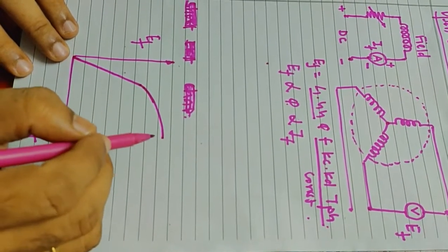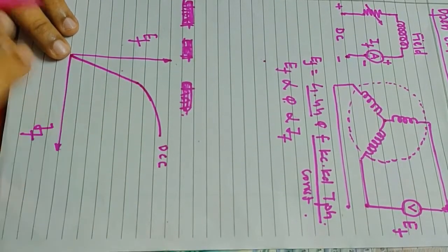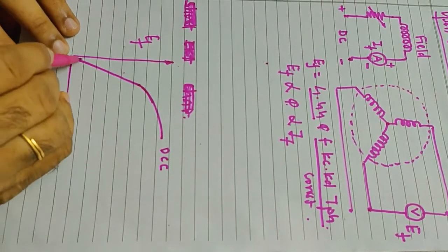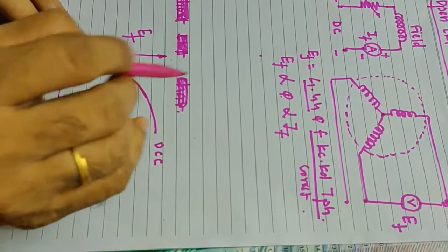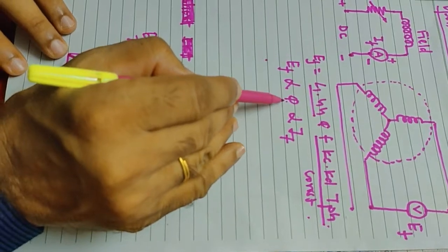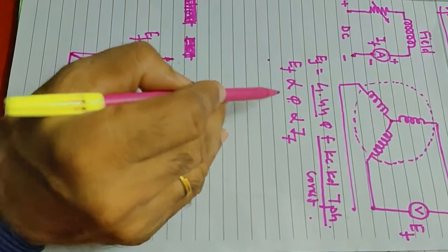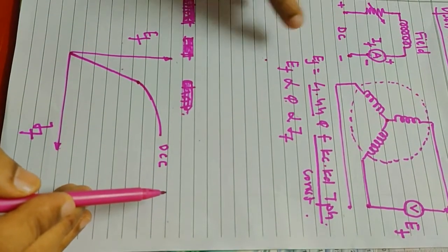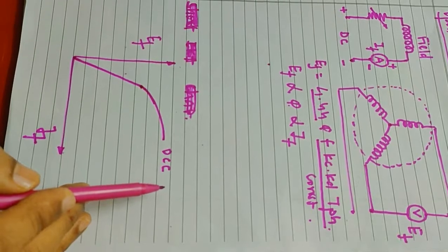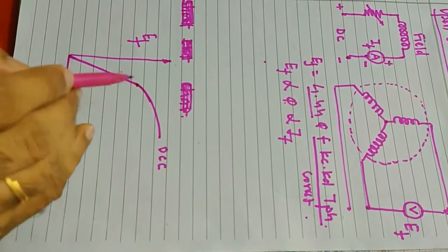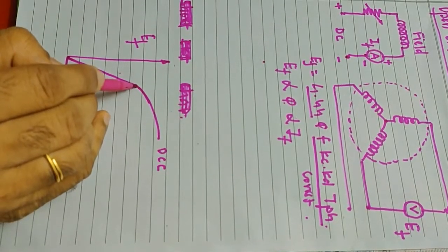So this is the OCC, open circuit characteristics. Initially the OCC is a straight line because no flux is required for the iron part. Whatever flux is produced by the field winding links with the armature winding and EMF is induced there. No saturation up to this point, so the characteristics is a straight line.